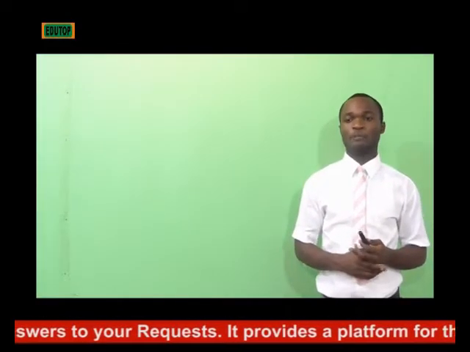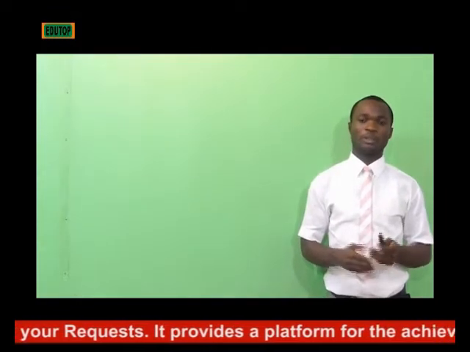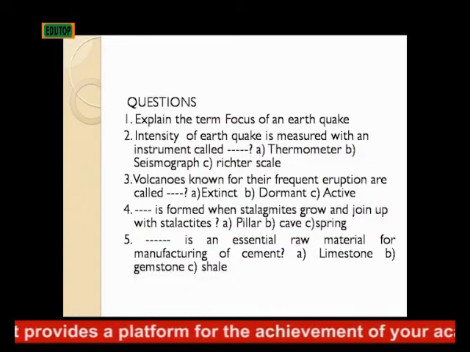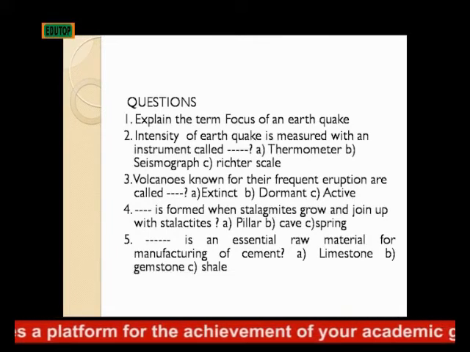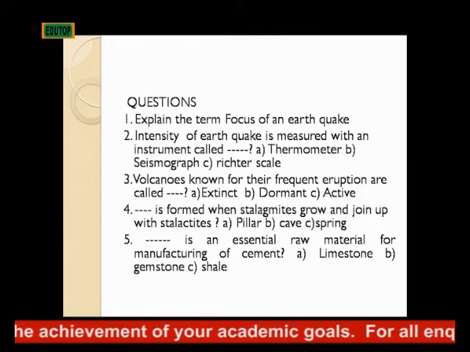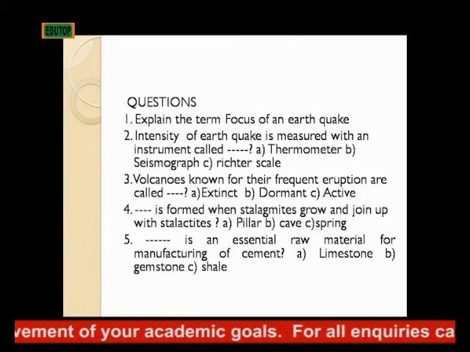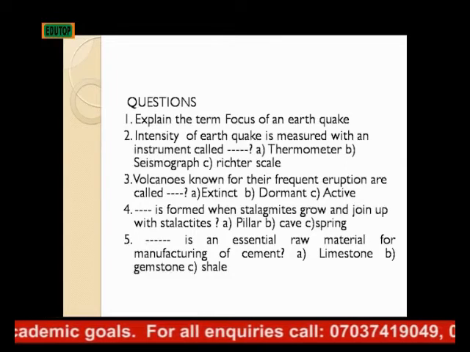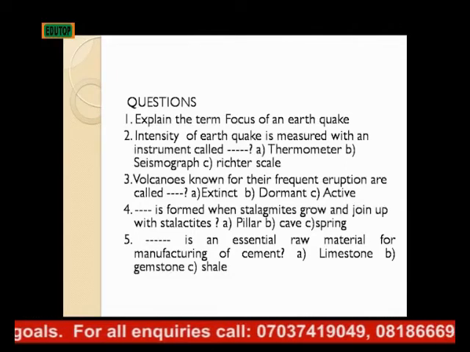So let's look at the following questions and see how we can answer them briefly. Number 1 says, explain the term focus of an earthquake. Number 2 says, the intensity of an earthquake is measured with an instrument called dash. And we have options. A, thermometer.